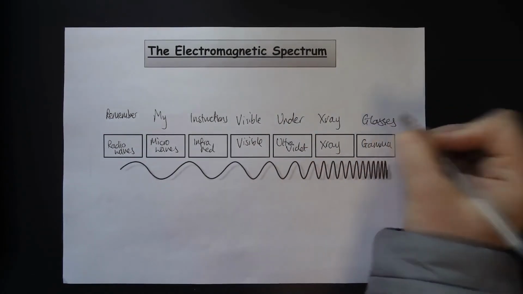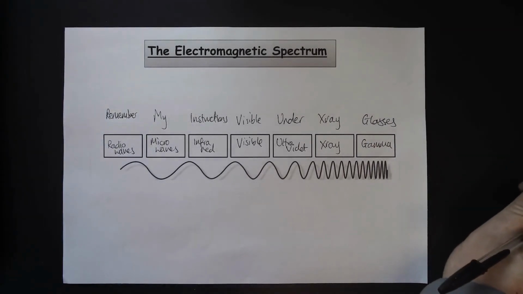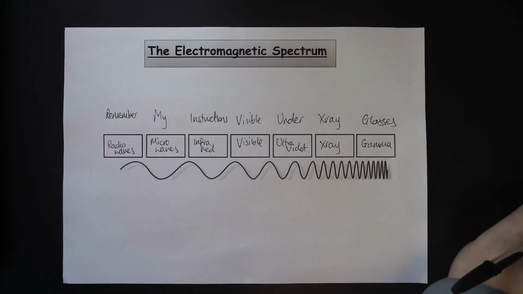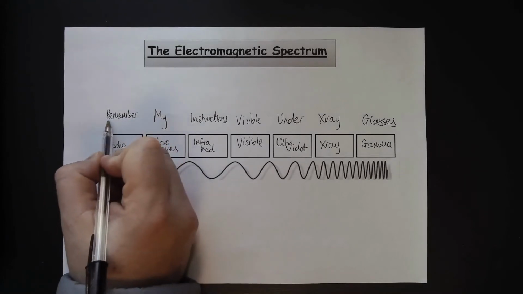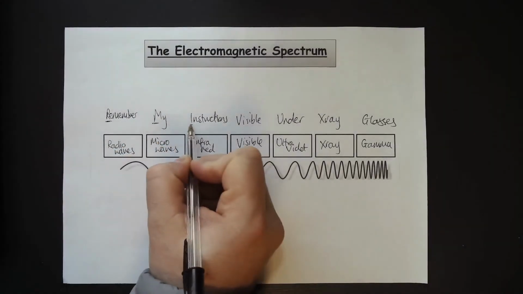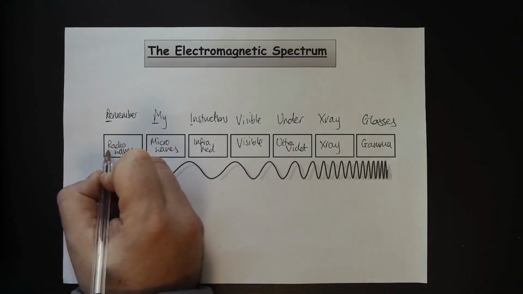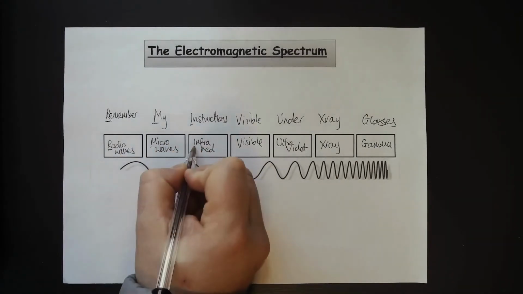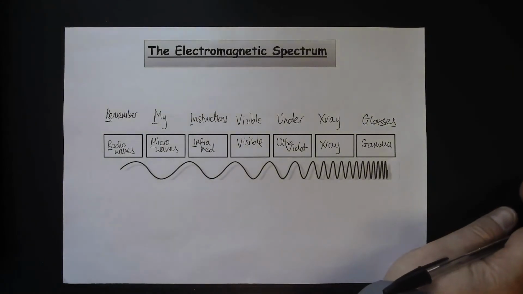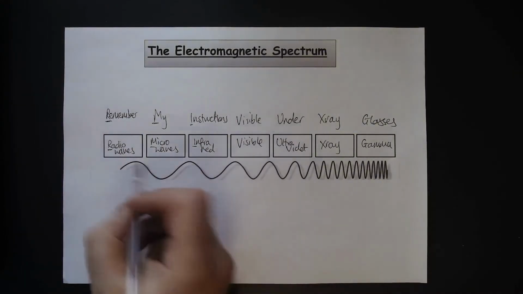Now there are a number of different mnemonics that you can use to remember that. This is just one, and obviously the first letter of each of those words, remember my instructions, corresponds to the first letter of the electromagnetic wave. So radio waves, microwaves and infrared. So that's the first thing we need to look at, is the order.